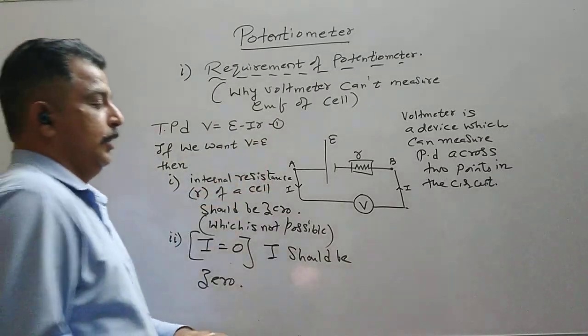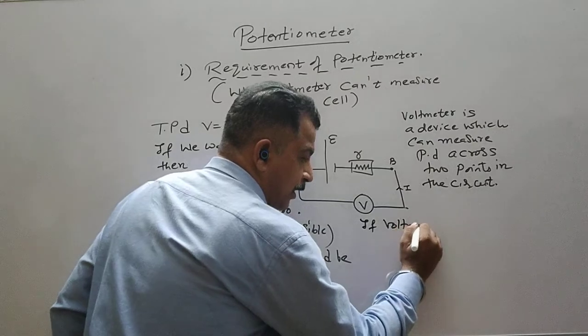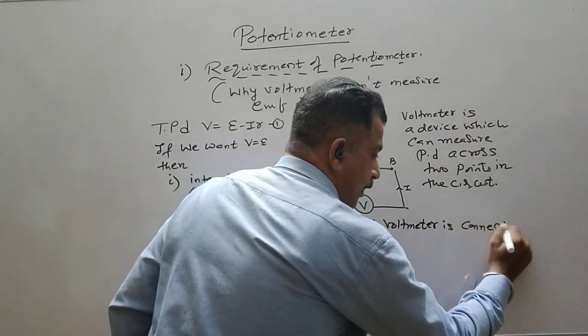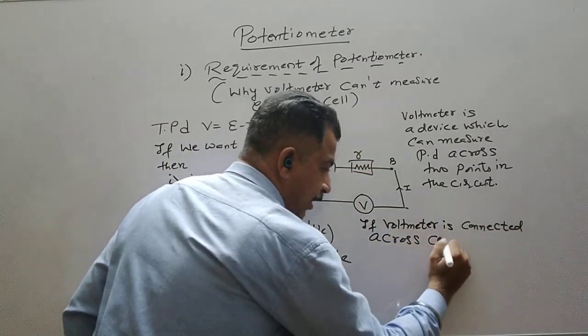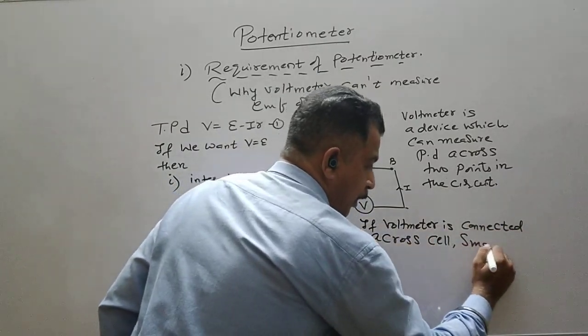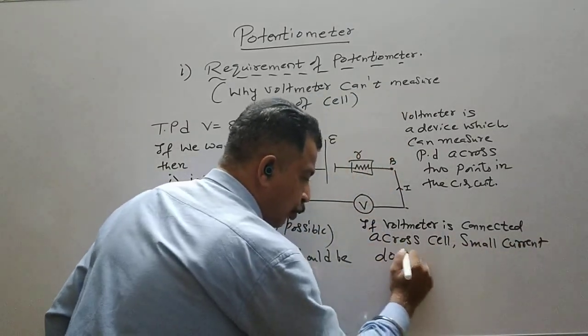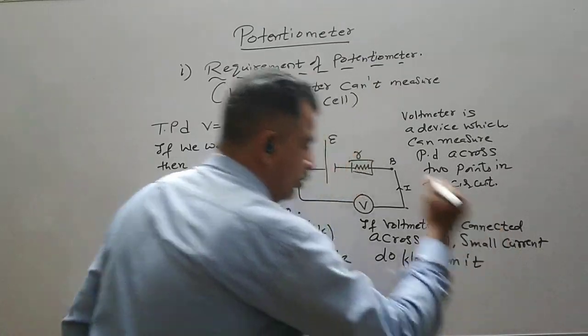So if a voltmeter is connected across a cell, a small current does flow from it.